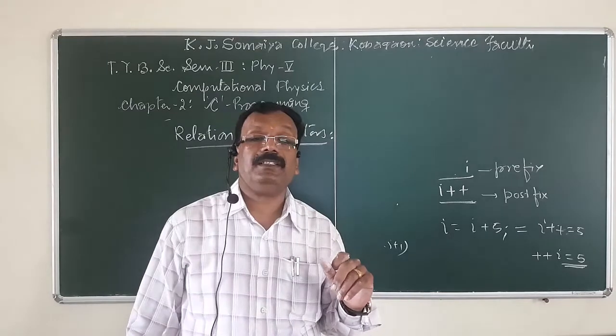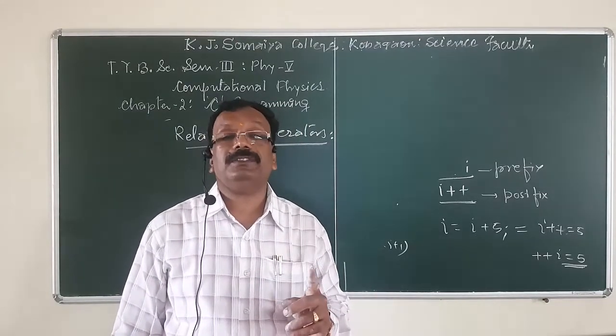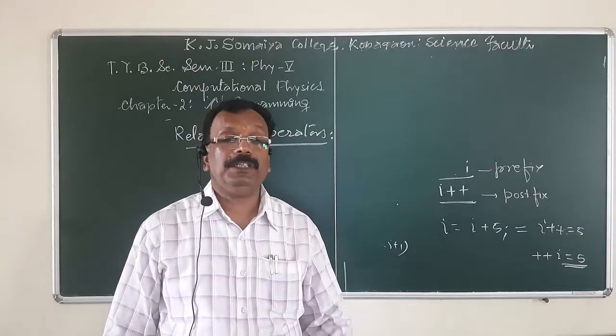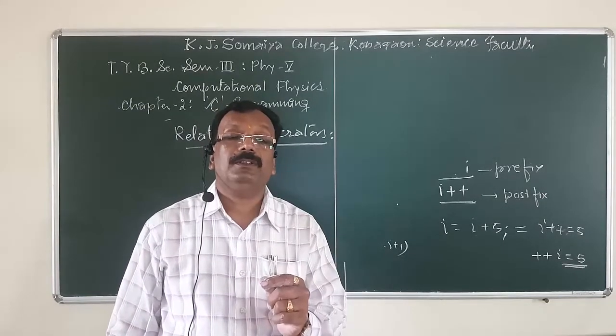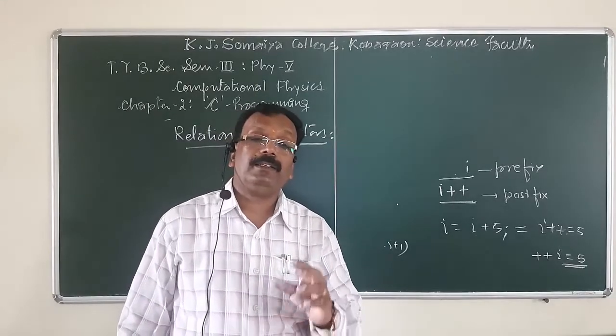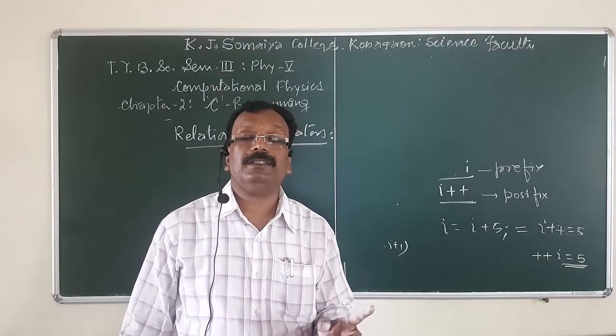The whole expression involving the relational operator then evaluates to an integer. If it evaluates to 0, the condition is false, and if it evaluates to 1, then the condition is true.